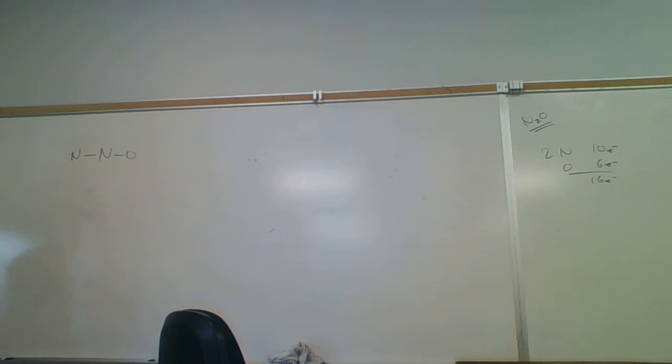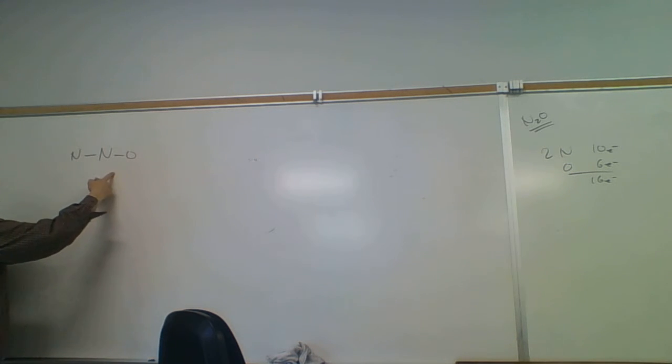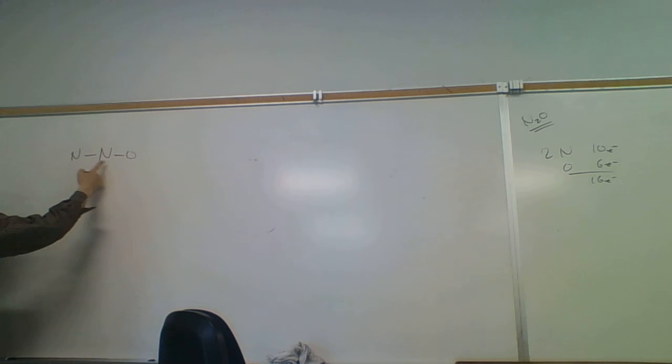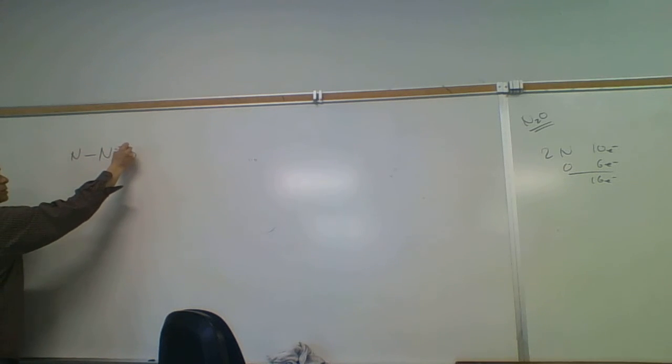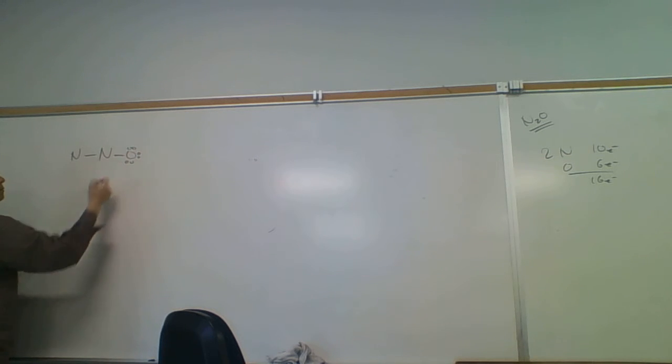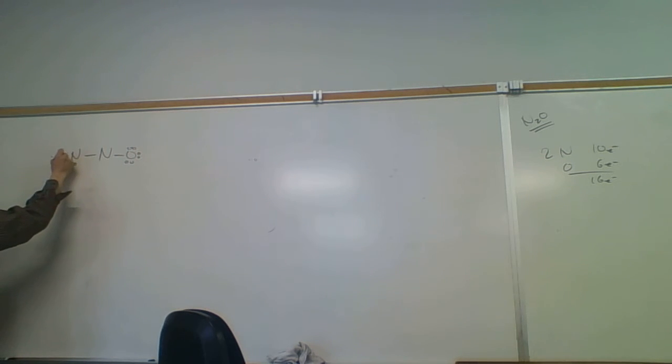It doesn't look as symmetrical, but we can generate a better structure this way. And so we have 16 electrons, so which one do we complete first, oxygen or nitrogen's octet? Oxygen. And then this nitrogen, that takes care of 16 electrons.